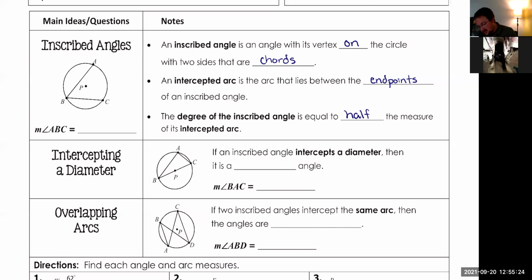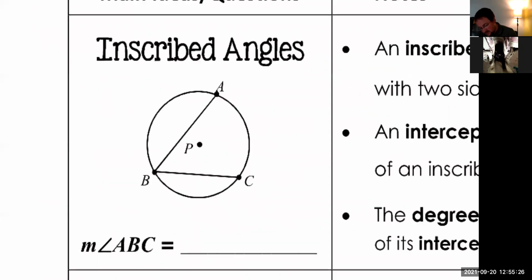Taking a look at this diagram here to the left, we have inscribed angle ABC in circle P. It has an intercepted arc of AC.